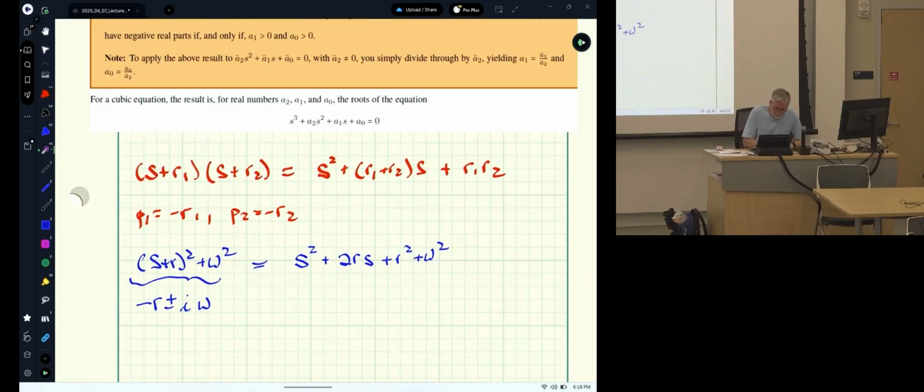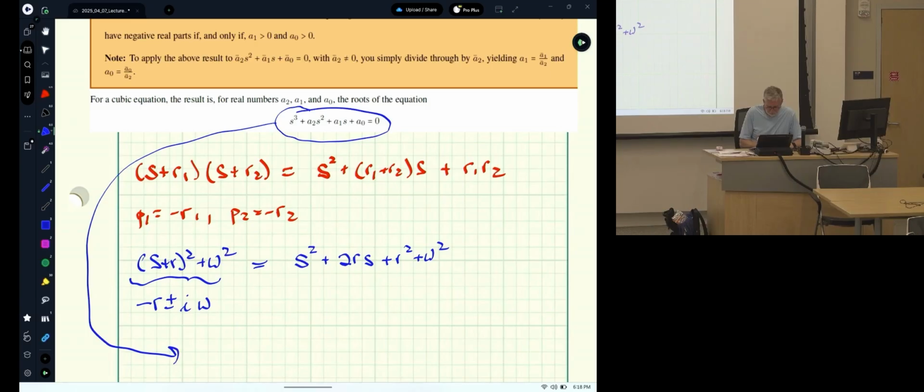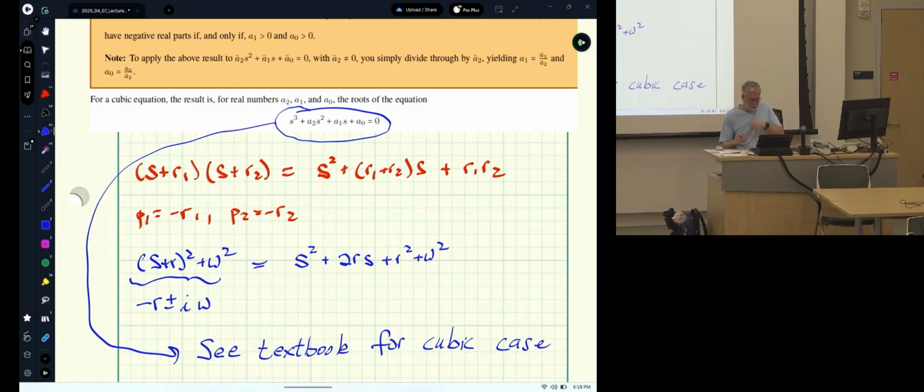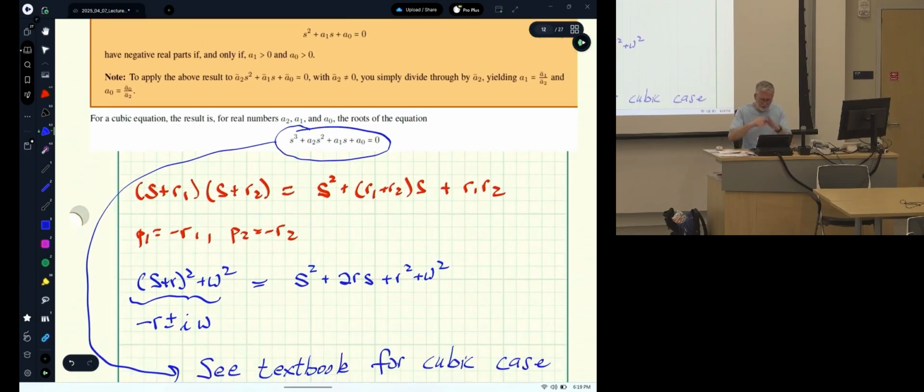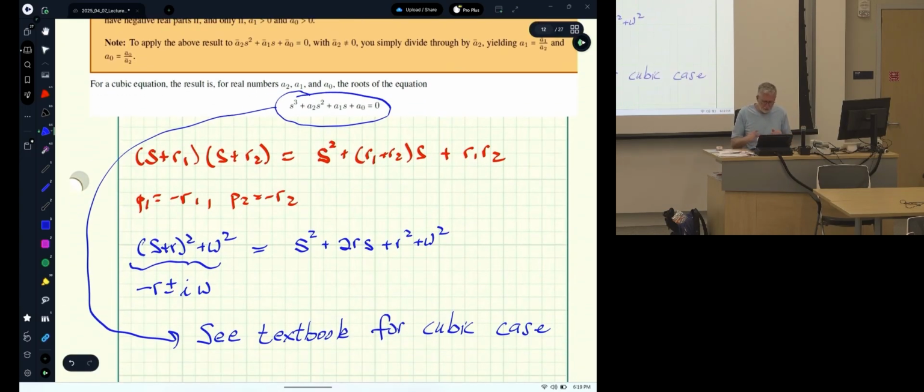Now, what I'll invite you to do is to look in the textbook for the cubic case. I'll insert it in our summary for Wednesday, but it has a really simple test as well. It's a little bit more complicated.